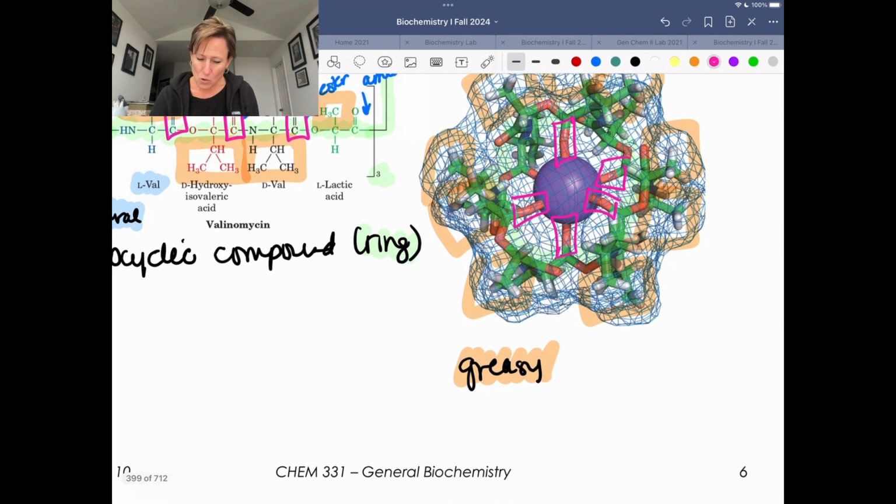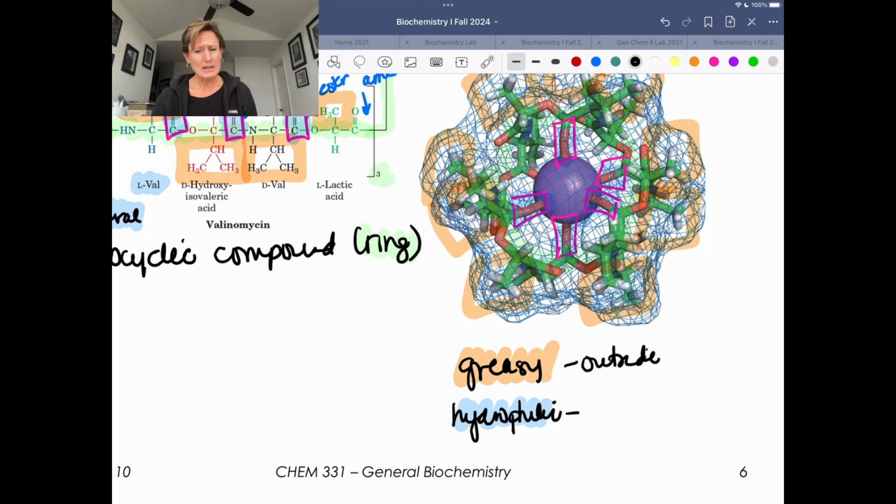And those are going to be very hydrophilic. So again, I'm going to highlight these in blue here. Not necessarily going to show up, but that's why I also have the pink. But these are very hydrophilic. Okay, so what this means is we've got greasy on the outside, but hydrophilic on the inside.